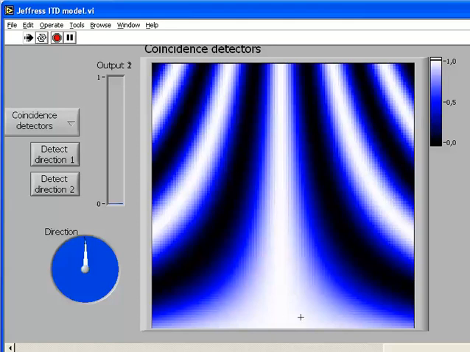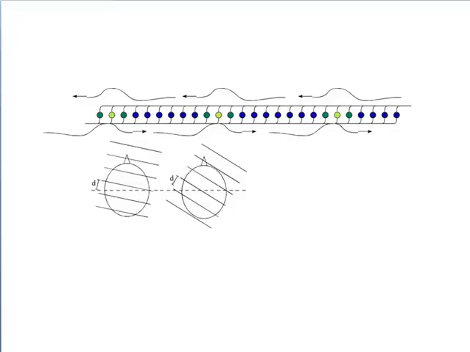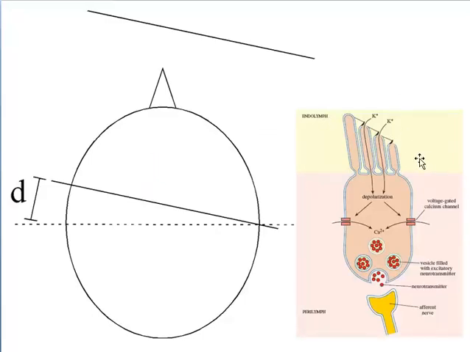The other thing I have shown here is that actually the activity patch, we must expect that it's broader at low frequencies. And the reason is quite simply that if you think about this movement of the cilia, if the wavelength is long, that wavefront is not going to be all that crisp. It's going to be a relatively slow movement of those cilia in that relevant part of the cochlea.